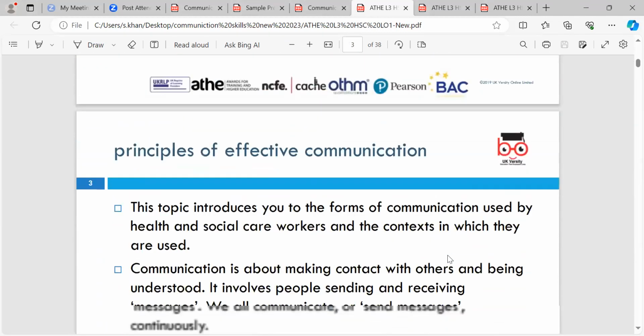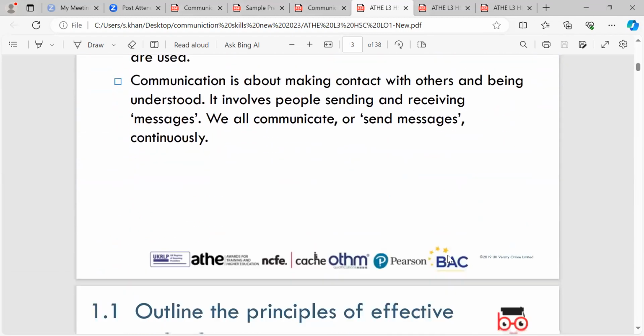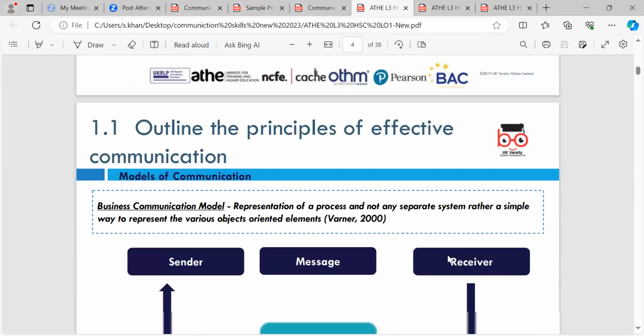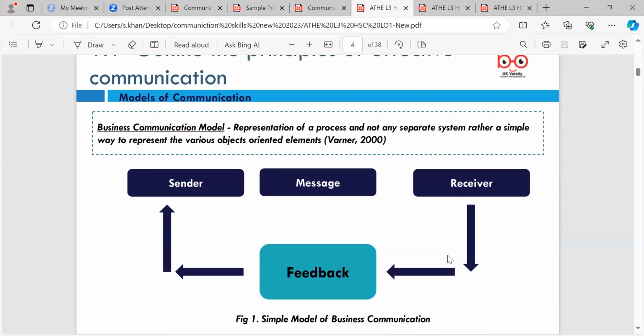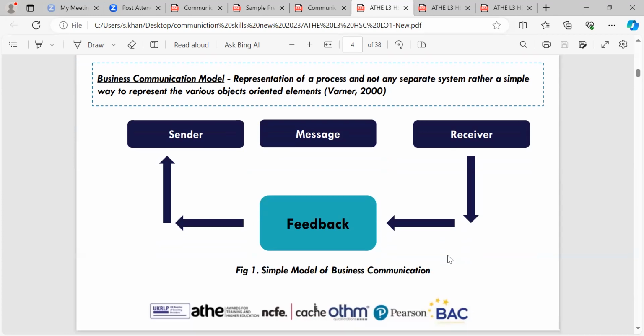We also looked at the principles of effective communication, why communication is so important, and the issues around effective communication. We looked at different models of communication: the business communication model, and how it goes from the sender to the receiver and then feedback.